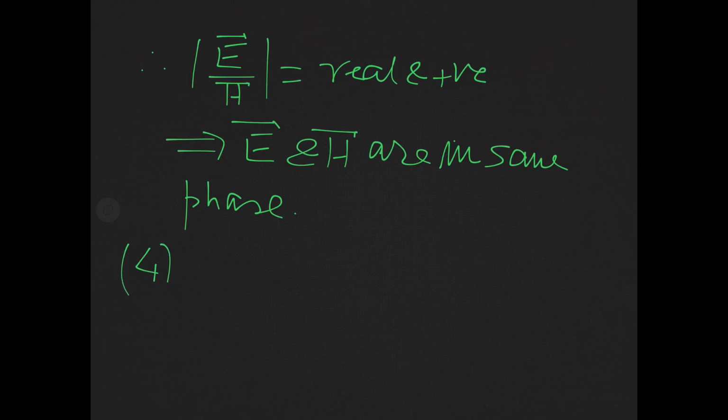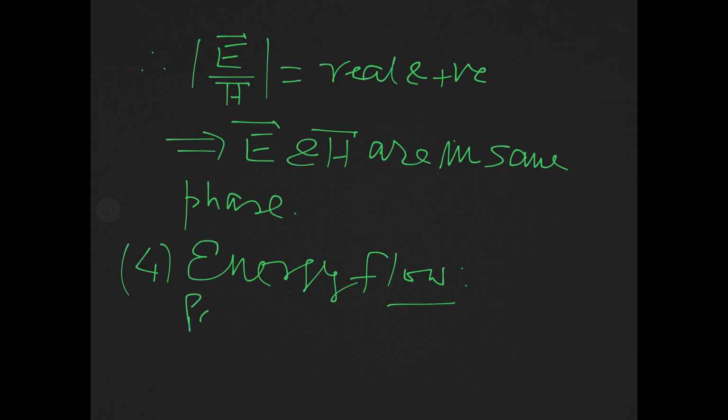Now we will discuss the fourth important property, and this is related to the energy flow in this case. In case of electromagnetic wave, the magnitude and the direction of the flow of energy can be found by using the expression for Poynting vector, because Poynting vector is simply energy flowing per second perpendicular to a surface through the unit area of the surface.